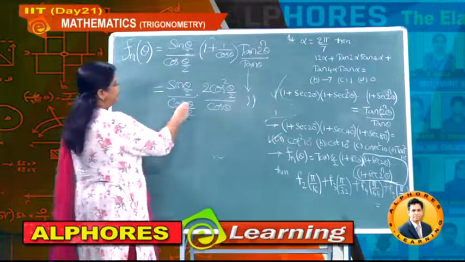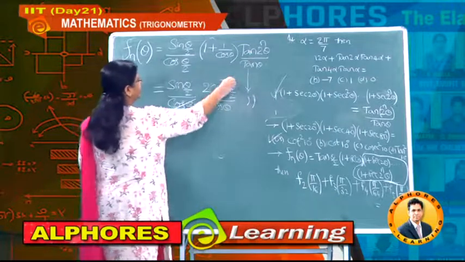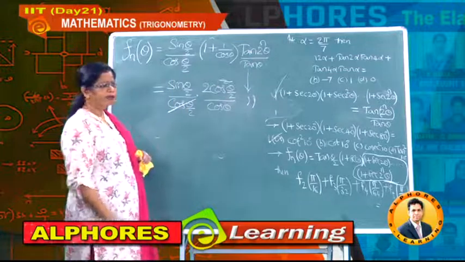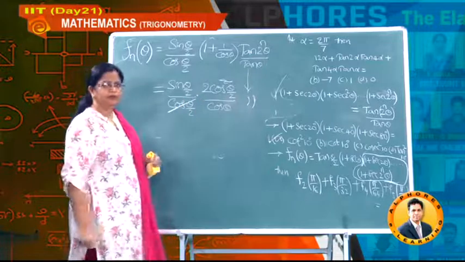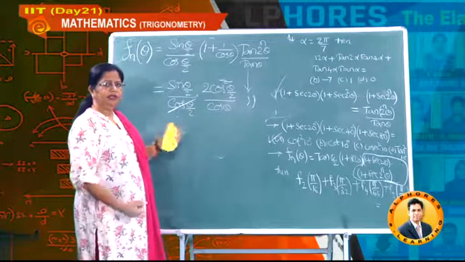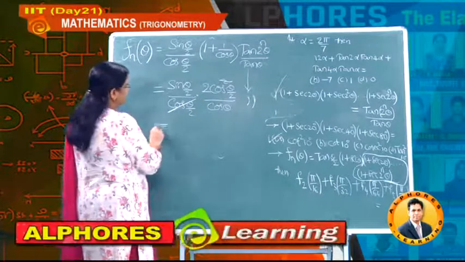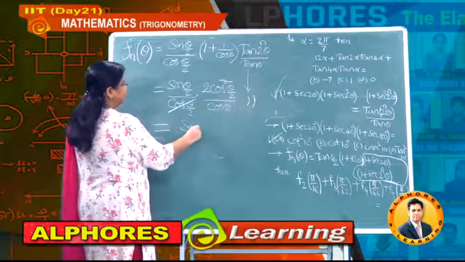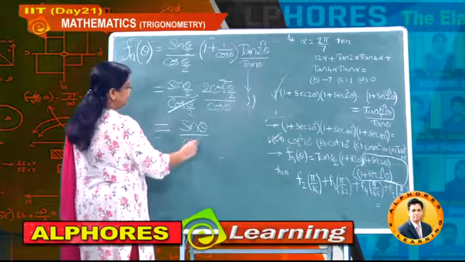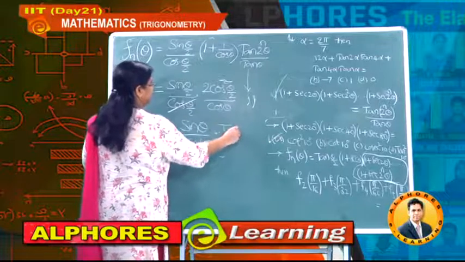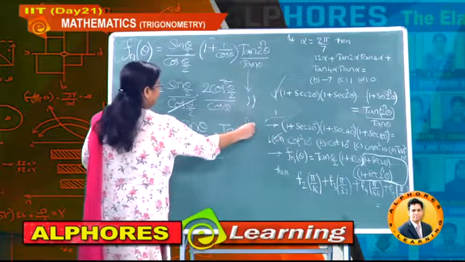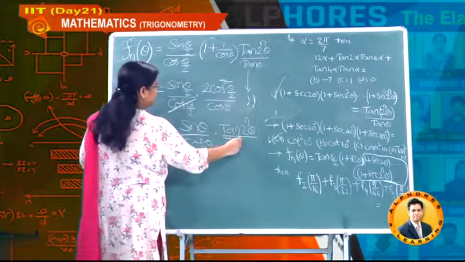Now let us cancel here, students, one cos theta by 2. Then what is 2 sin theta by 2 cos theta by 2? It is nothing but our multiple-submultiple formula, that is sin theta. So sin theta by cos theta, into tan 2 to the power of n theta divided by tan theta.